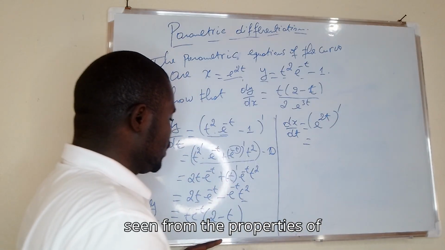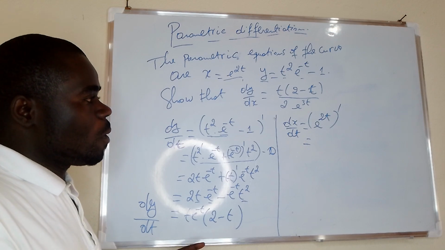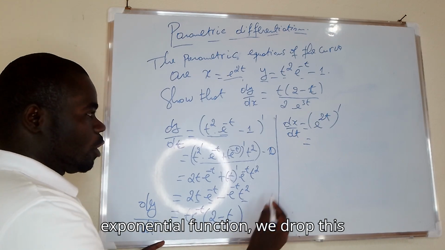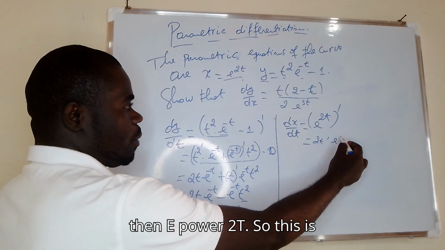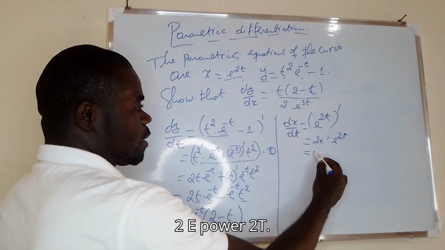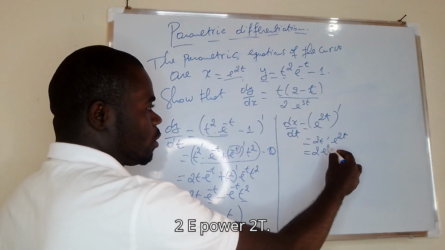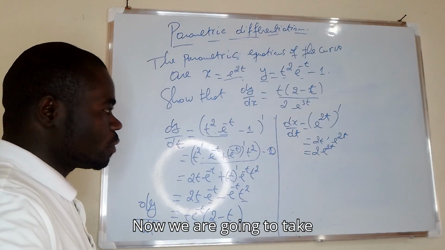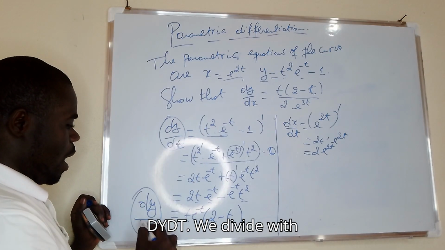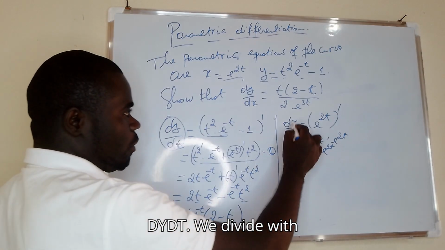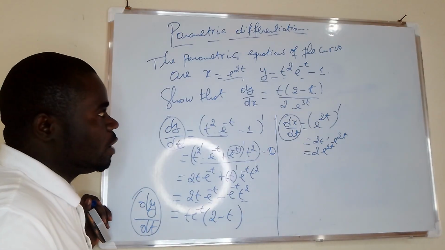And as we have seen from the properties of the exponential function, we drop the 2t derivative, then e^(2t). So this is 2 e^(2t). Now, we are going to take this dy/dt and divide it by this dx/dt.